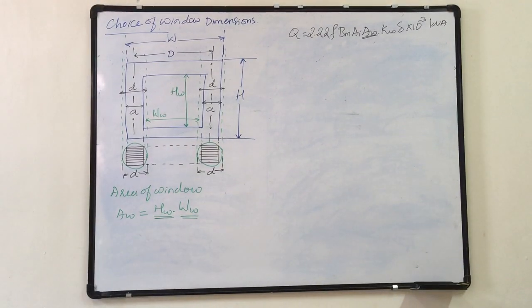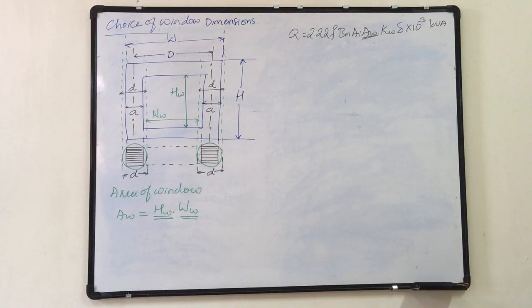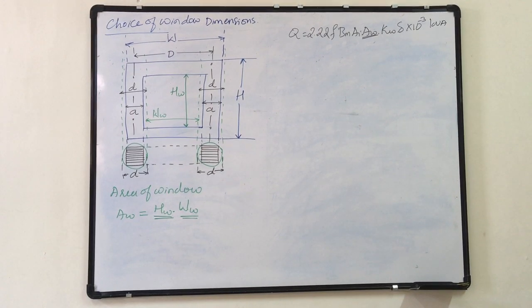Here I have to choose the dimensions of window, because height and width are unknown. So I should express either height of window in terms of width of window or width of window in terms of height of window. For that I should choose which should be larger and which should be smaller.